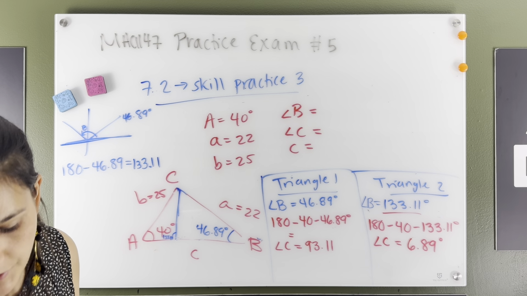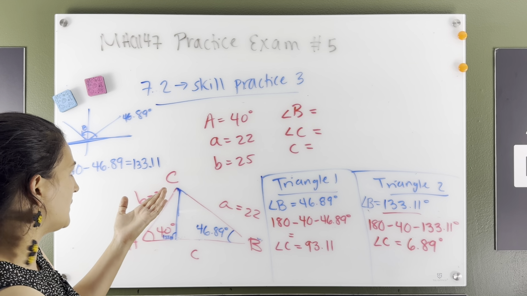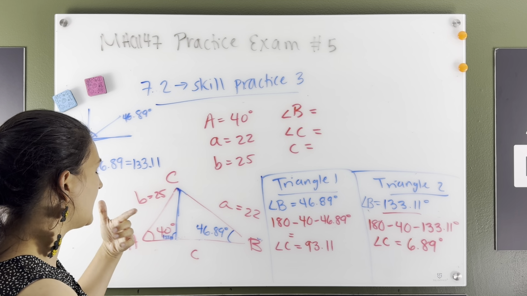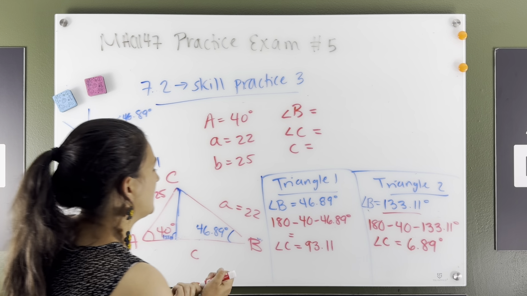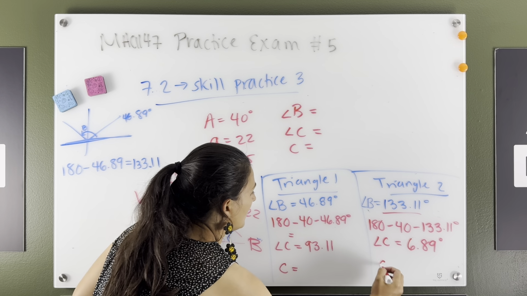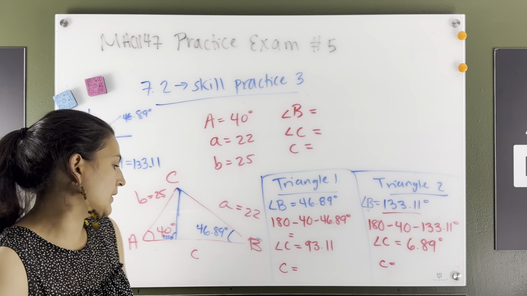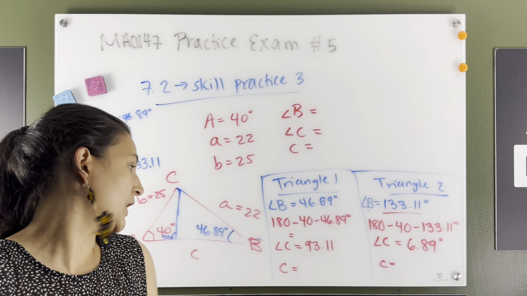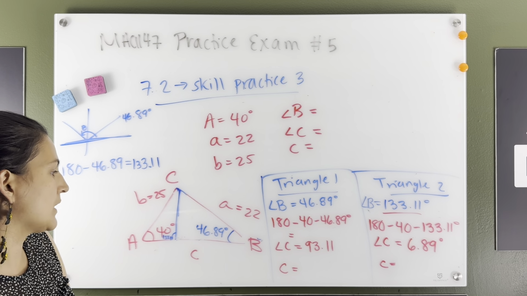And then, of course, you still need to find the missing information. So we found angle B, angle C. We still need to get side C. I'm not going to go ahead and do that, but I could tell you the answers and you guys could check it. But how would you do that? Use law of sines, right?